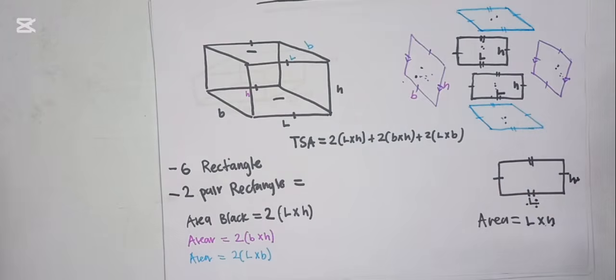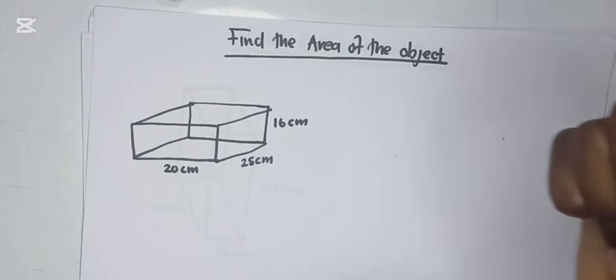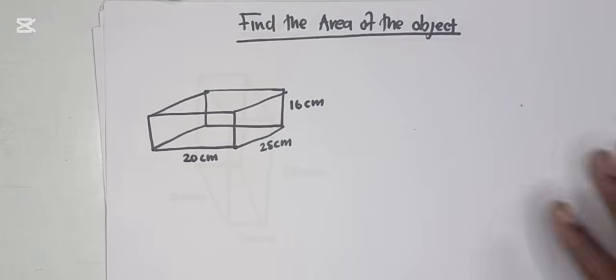Now I'm going to show you an example that I need you to pause the video and try by yourself, and see if you can get the right answers. So here's an example. They said, find the area of this object. This is a rectangular prism.